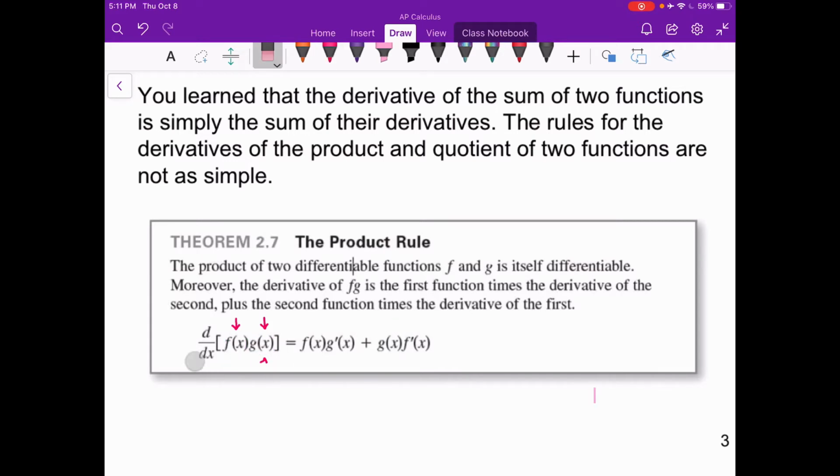And that's where this notation comes from. It's the first, so f of x, times the derivative, g prime of x, plus g of x times the derivative f prime of x. And you'll see it more clearly when we start to apply it.